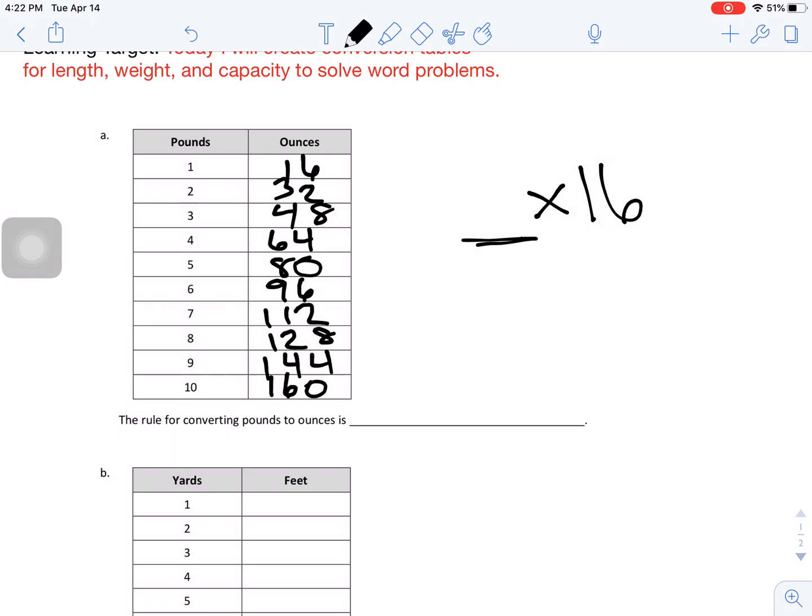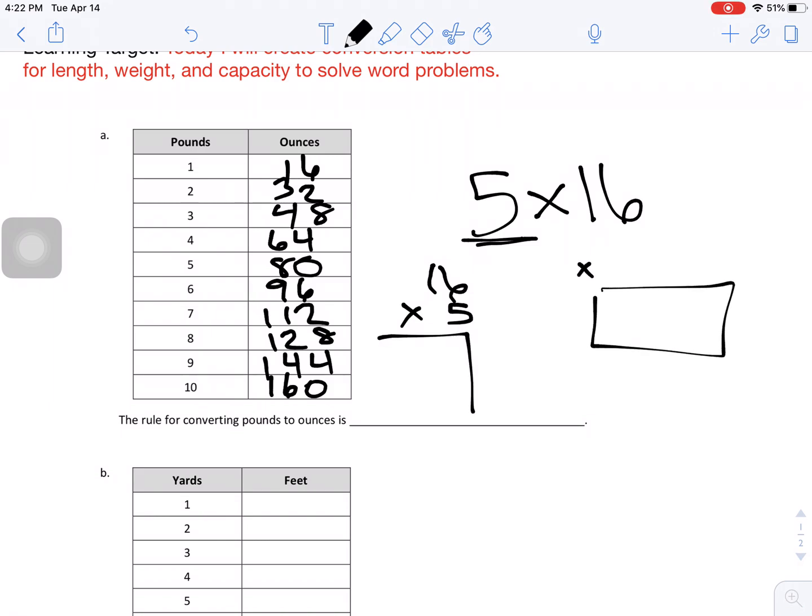So let's just check one. If I want to do 5 pounds of 16 ounces, I would do 5 times 16. I like to write this either as a partial product, going 16 times 5 and going down, or I could do an area model, and I would go 10 plus 6, which is 16, times 5.